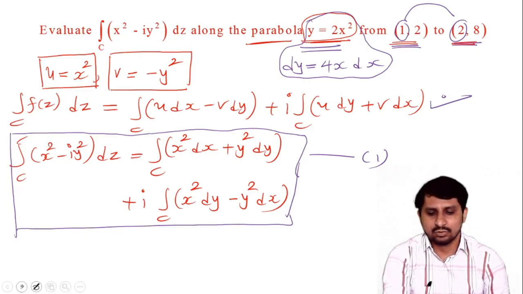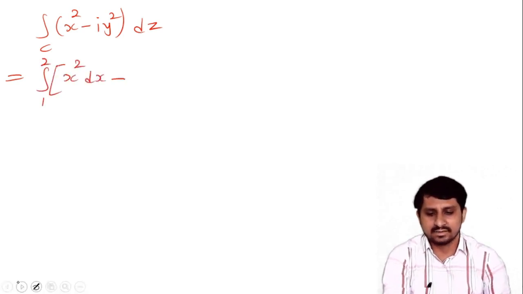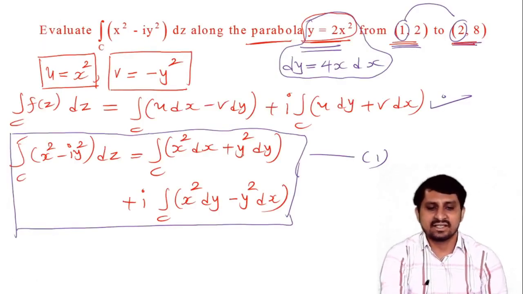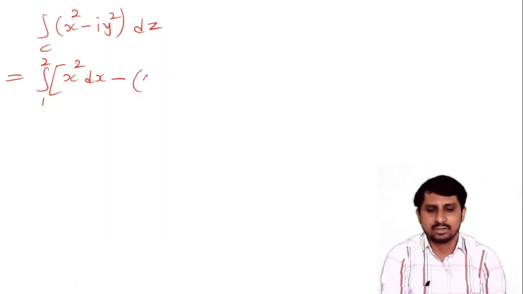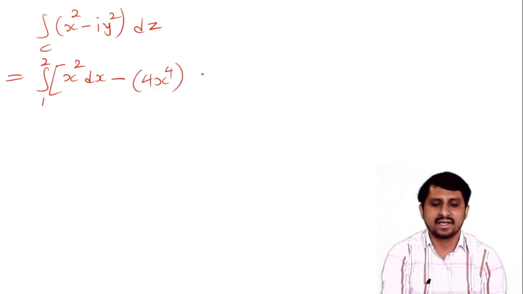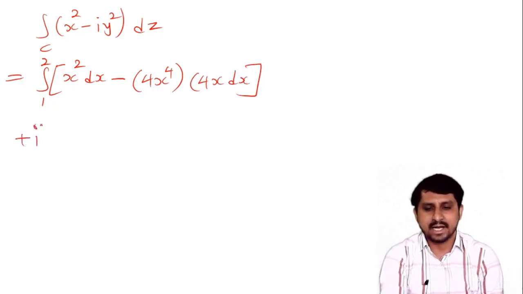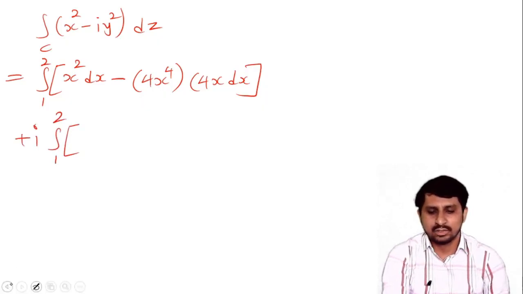So this is equal to, with limit from 1 to 2, x square dx minus y square, which is 4x raised to 4, and dy is 4x dx, plus i integration from 1 to 2.